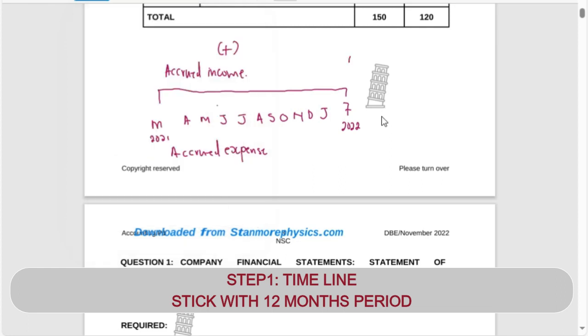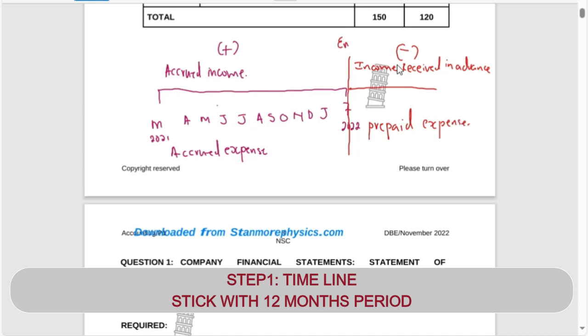So anything that has been received or paid after the end of our financial period will be shown by a negative sign. And all those things will be income received in advance, as well as prepaid expense.